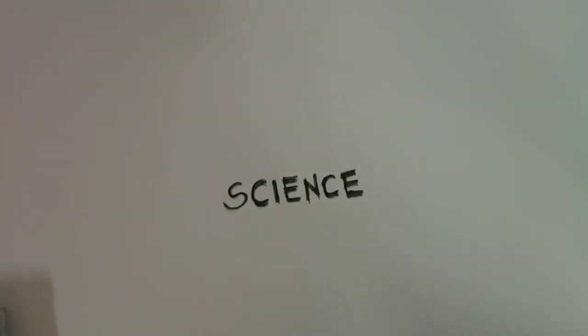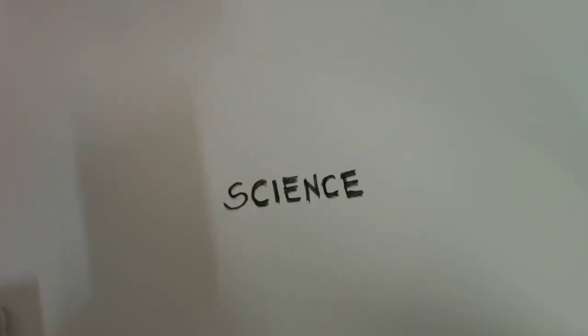We have the word science, and we're going to place each material on top of this word, and observe whether you can see the word science clearly, blurred, or not at all.